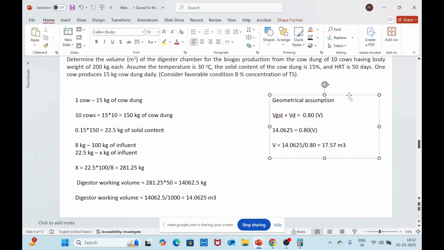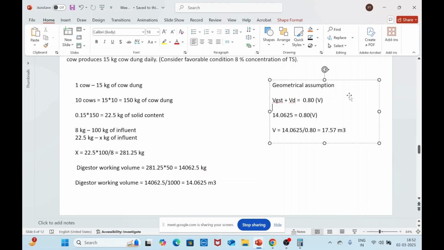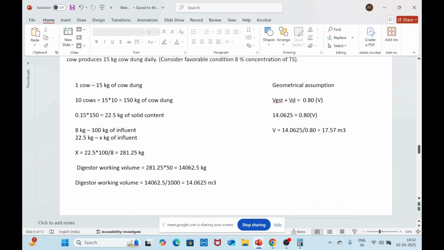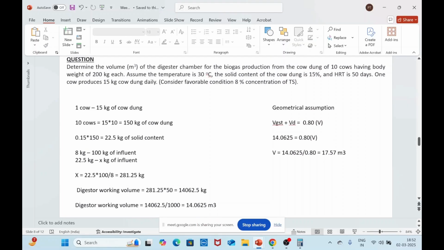I'm not asking for the dimension. Since it's just a practice session, I kept that as a separate question wherein I'm asking for both. I just want here the volume of the digestion chamber. So, as per that, is the answer fine?